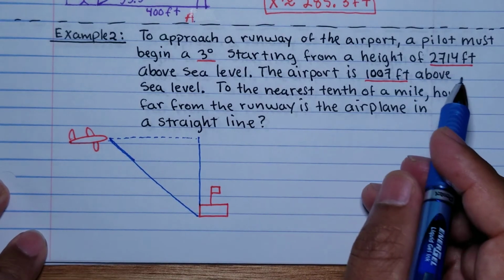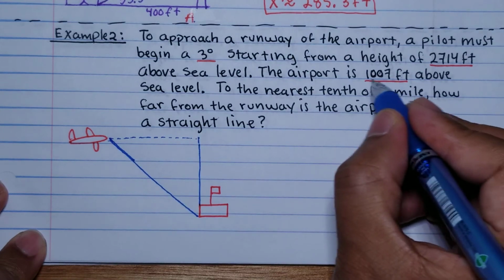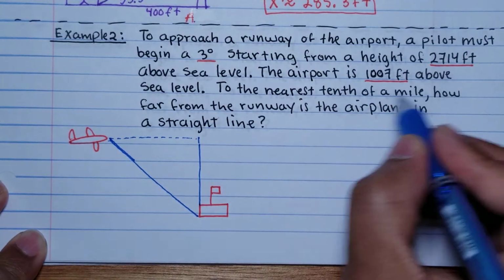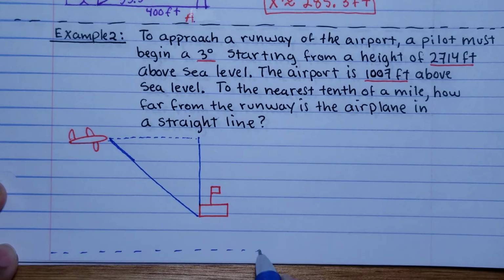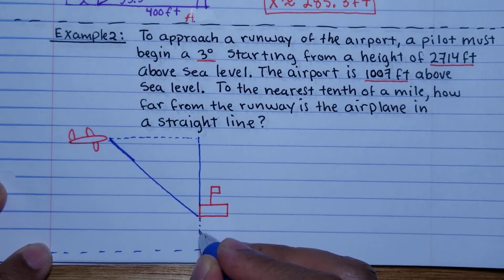Now there's a trick here. So what I need to do is subtract this distance from that distance, because they're both above sea level. Okay, so let's say this is sea level here. So this will be the airport. Let's just do it so that you get this idea here.